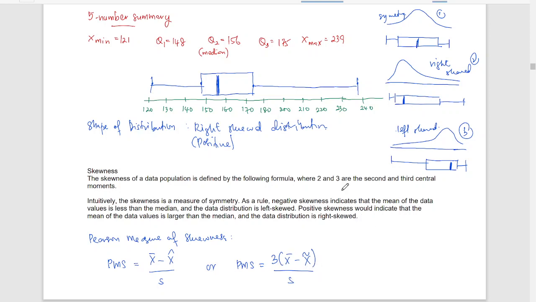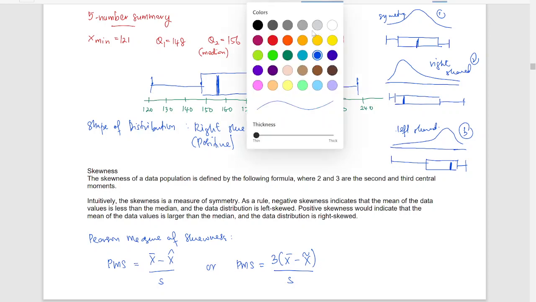Okay, for our example just now, you can use the second one because you know the value of the median, right? So you can find the PMS for this one.